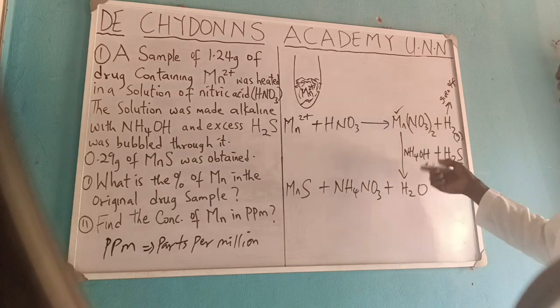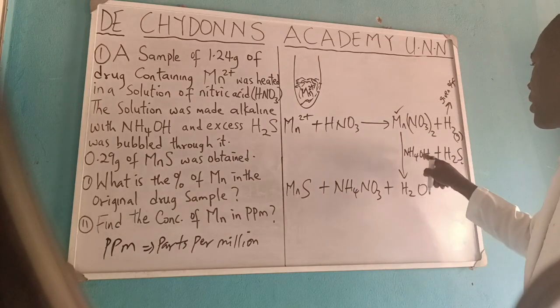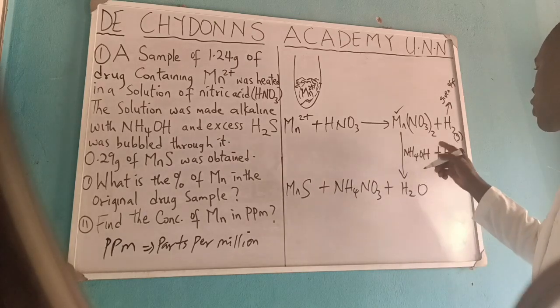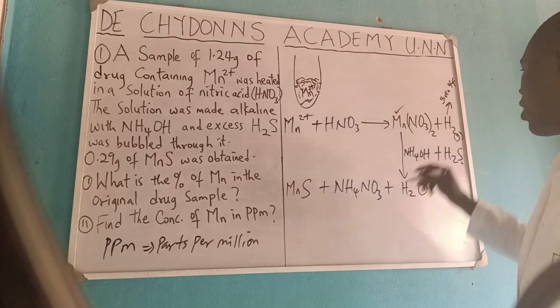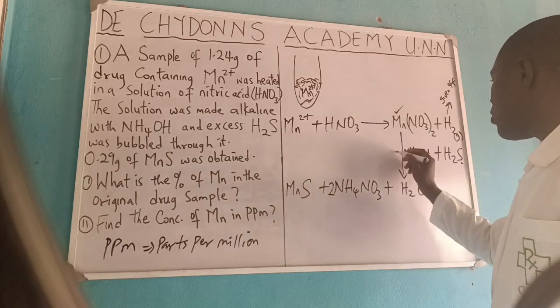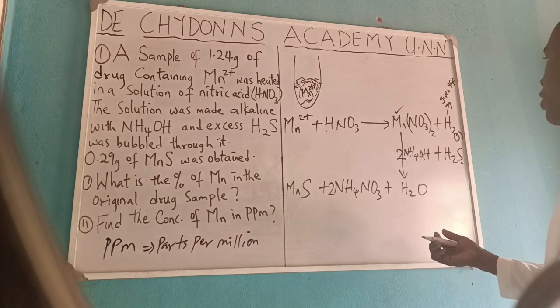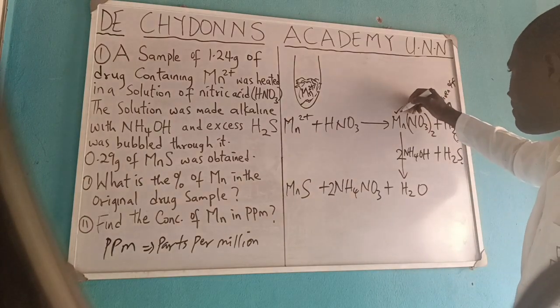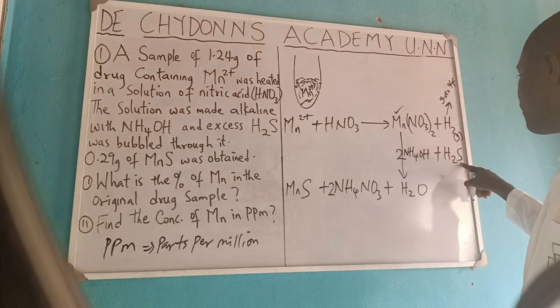Now we need to balance the equation. This one was given off, is already in the air. Then this one now, what you will do is that here we have 2. I will put 2 here and I will put 2 here for this ammonium hydroxide. I'm just balancing the equation. That means 1 manganese, 1 manganese, 1 sulfur, 1 sulfur.